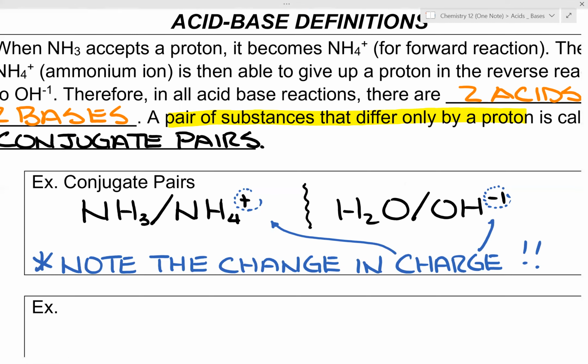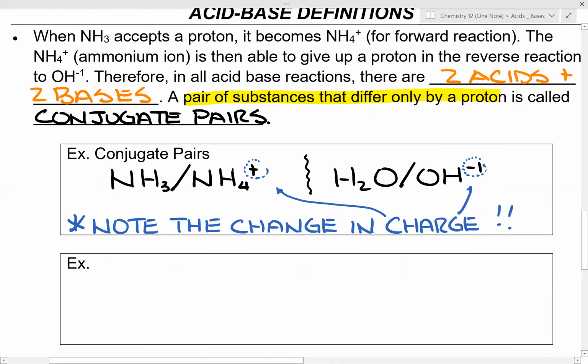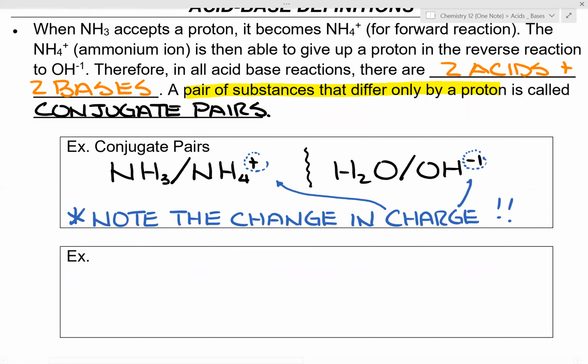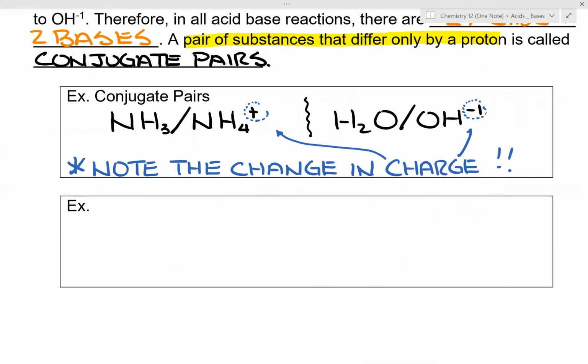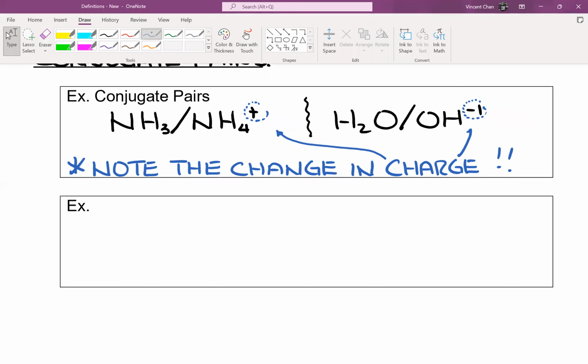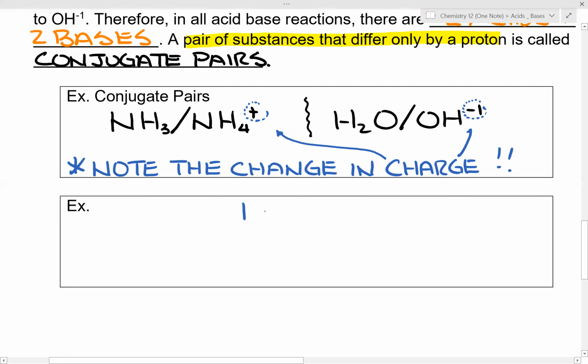Now, one way I could ask a question regarding conjugate pairs would be something like this. Let's say, for example, I have HCO3 minus 1. If I add a proton here, this would be H2CO3.